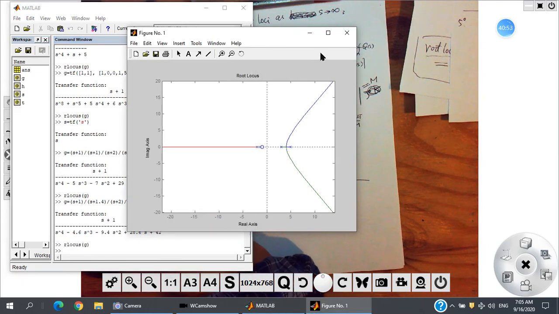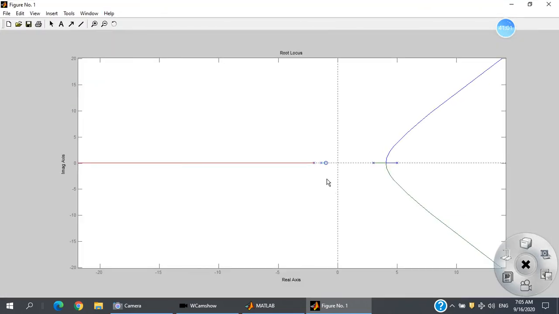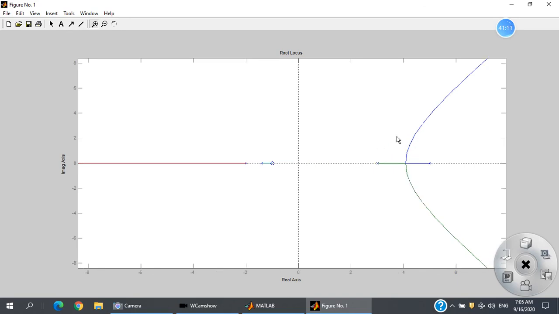We have 4 poles and 1 zero. So the thing is, we have 3 branches that will go to infinity. Then we have 3 directions, right? This goes to infinity, this goes to infinity, and the red one also goes to infinity.